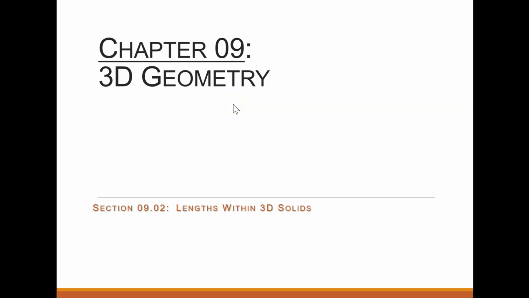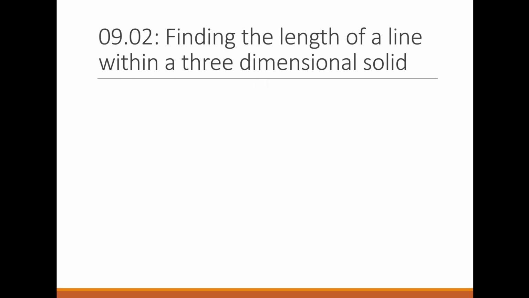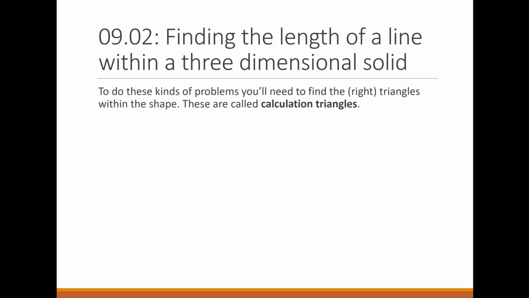So in section 9.2, we're going to be talking about finding the lengths of segments within a 3-dimensional solid. To do this, we're going to rely on what we'll refer to as calculation triangles. That's a right triangle inside of that 3-dimensional figure somewhere.